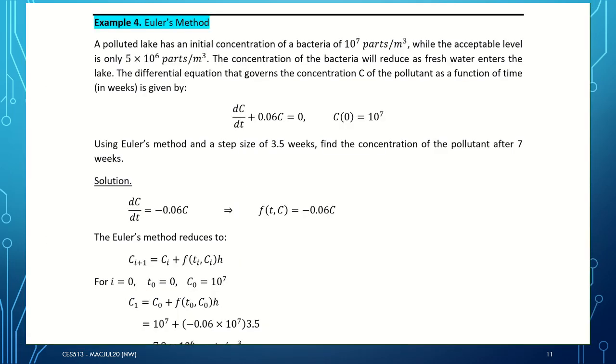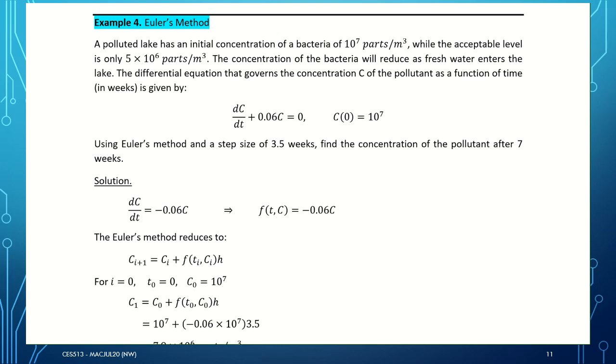Okay, for further exercise, you can do example 4 for Euler's method, where a polluted lake has an initial concentration of bacteria of 10^7 parts per cubic meter, while the acceptable level is only 5 times 10^6 parts per cubic meter. The concentration of the bacteria will reduce as water enters the lake.